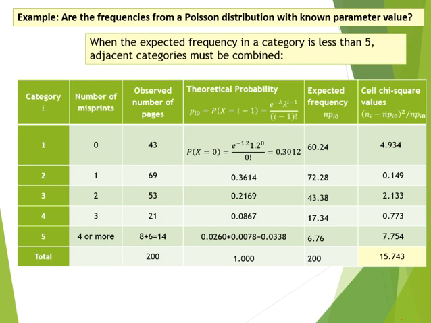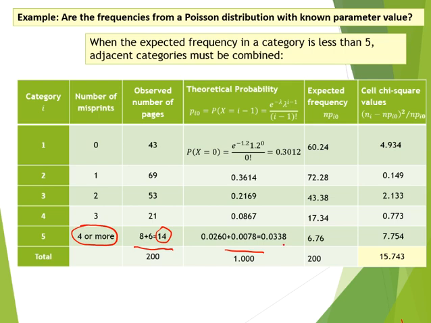The frequencies that we had for 4 and 5 or more were 8 and 6. Now we combine them into a new one, 14. Instead of an 8 and a 6 separately, we have 14 now. Instead of the theoretical probabilities of 0.0260 and 0.0078 associated with 4 and 5 or more, this becomes 4 or more now. Still, your proportions add up to 1. Still, your observed frequencies add up to 200.